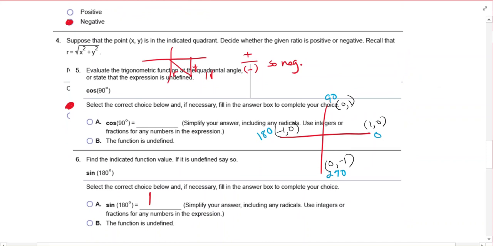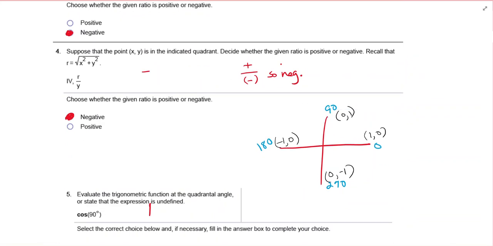Same kind of question. Oh, our question is messed up. Hang on. Okay, so I think we can see number 4 now. So it says we're in quadrant 4. And so if we're in quadrant 4, we're down here.